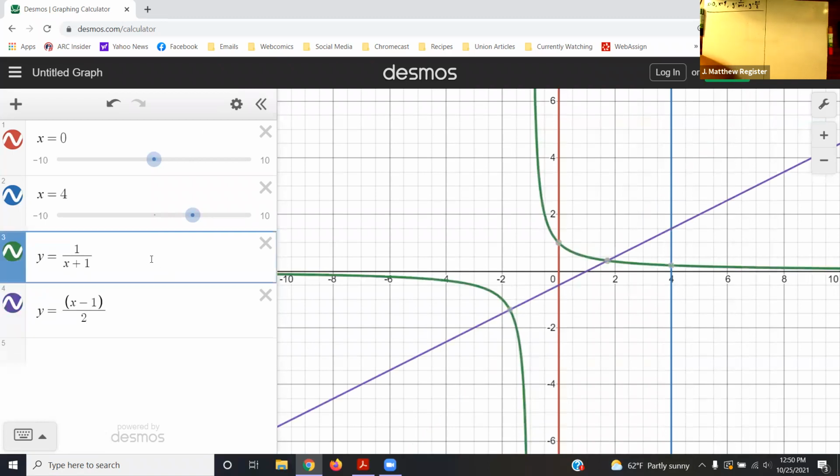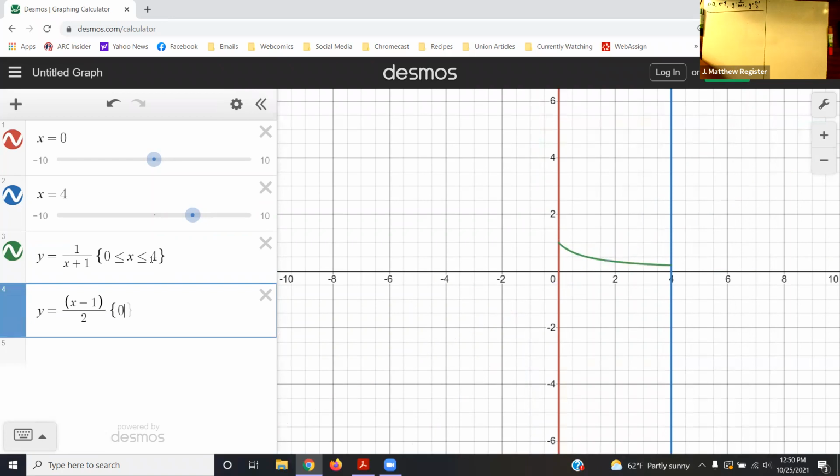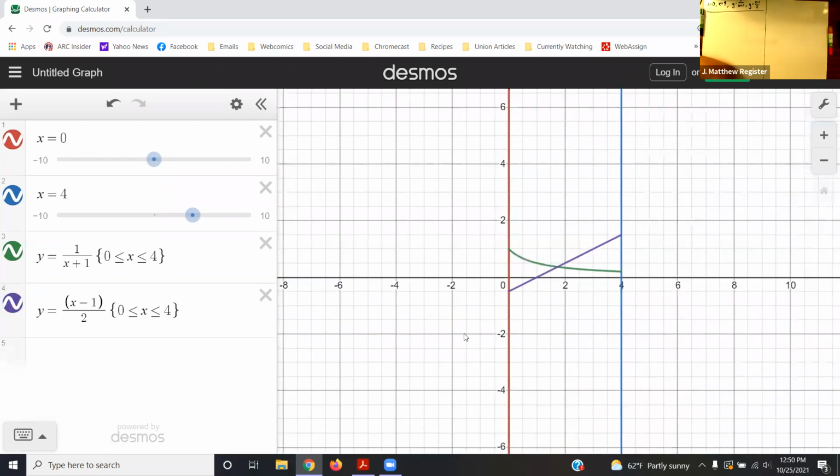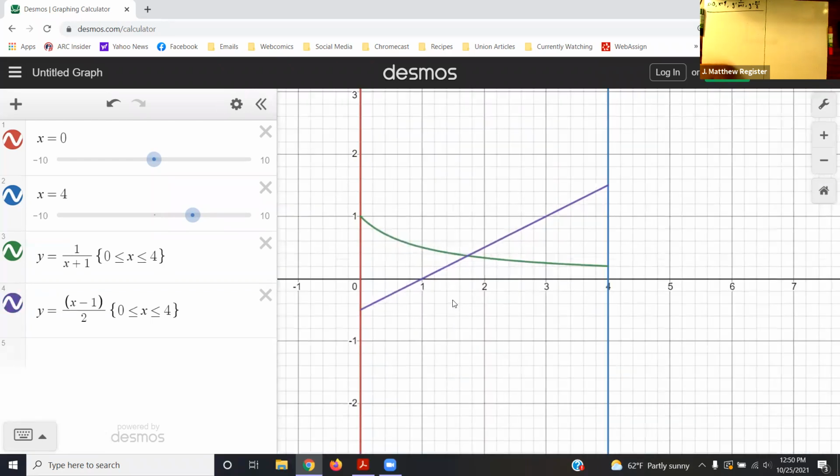And if we want, we can restrict these so that they're just going on the interval from 0 to 4. That'll make it so that it's a little bit easier to see what we're dealing with. 0 less than or equal to x less than or equal to 4. And there that is.